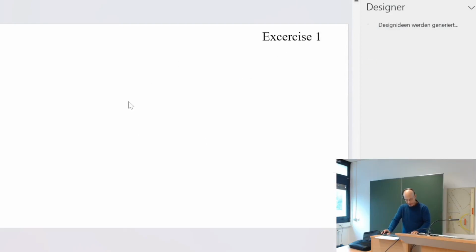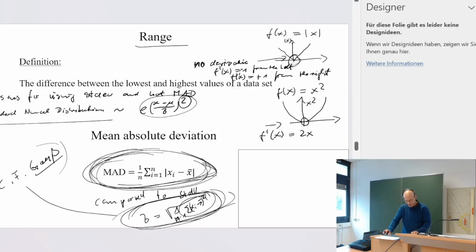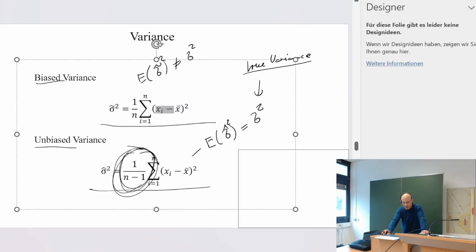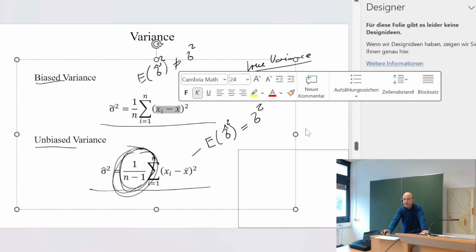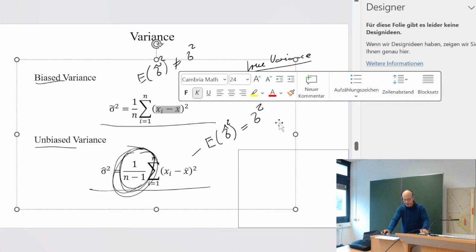If we go back in the definition, variance was just, where is it? Range here. So what we in general need is the squared distance from the average.